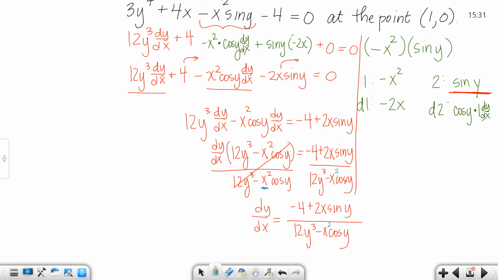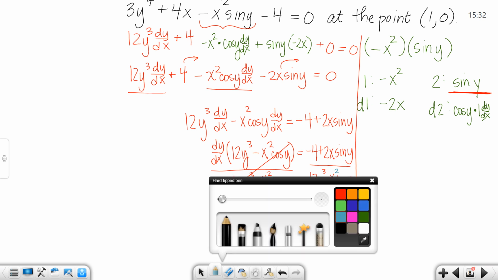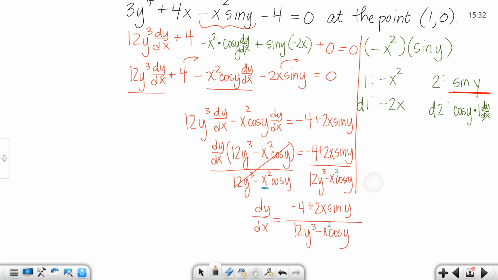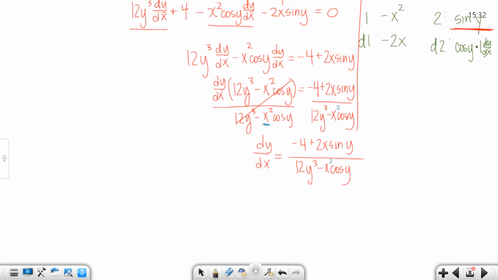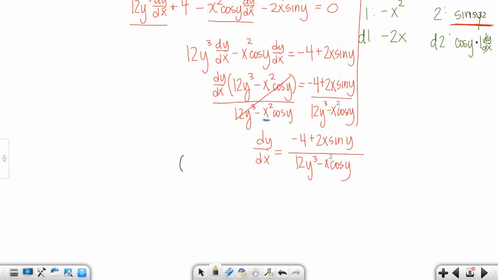Now again, that was not my answer. Looking back at the problem, I asked you to find the slope. Well, the slope is dy dx, but I need the slope at a certain point. And the point that's asked here is the point 1, 0. So we need to plug the point 1, 0 into this function everywhere. Since it's the point 1, 0, and that came from the problem, x is 1, y is 0.